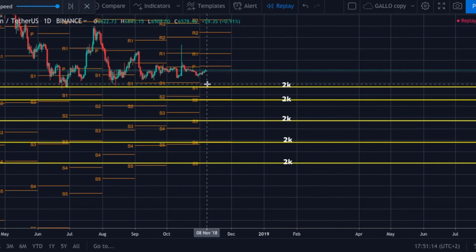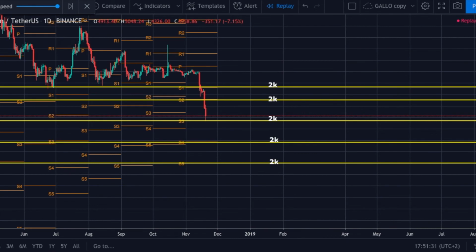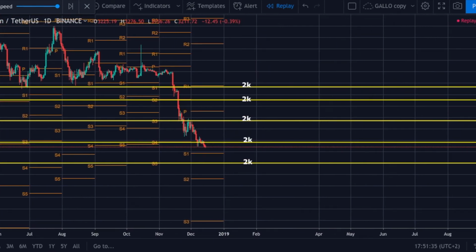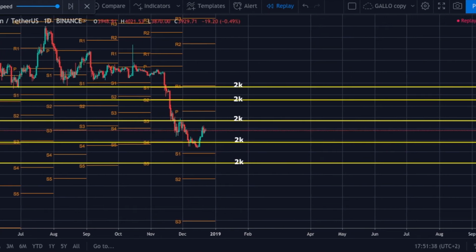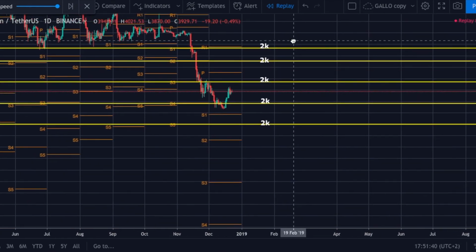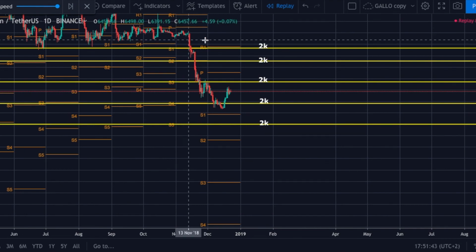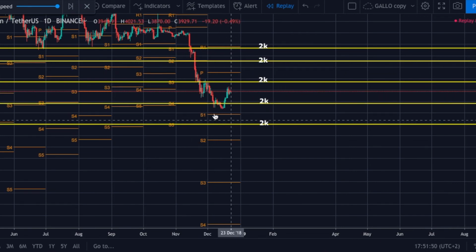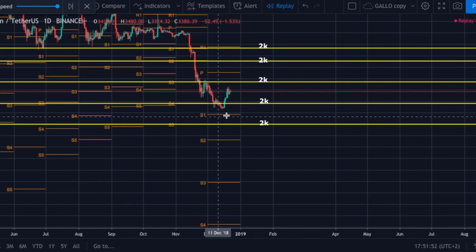So now we're here, and let's see what happened. I have my orders all set, and let's see what happened. Alright. So you can see, I got 1, 2, 3, and 4. 4 because the month has changed, but I would have taken this one as well because it's close to the support one.